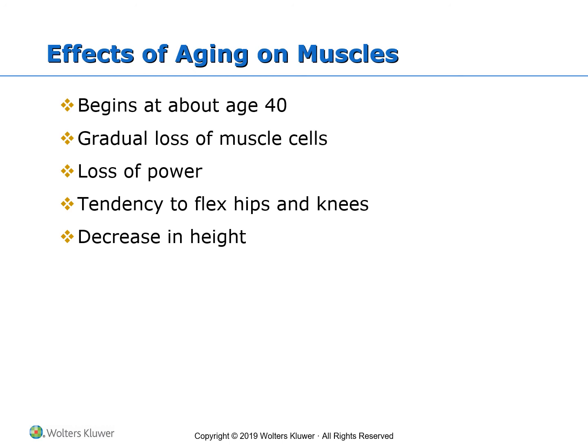There is a tendency to flex hips and knees to positions that are closer to the fetal position in terms of contraction. And there is a decrease in height, mainly based on the fact that our vertebrae will lose bone tissue, if you remember from the previous chapter.